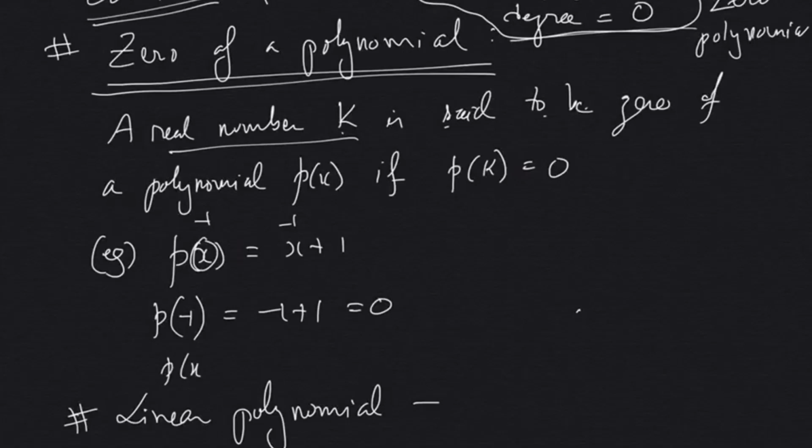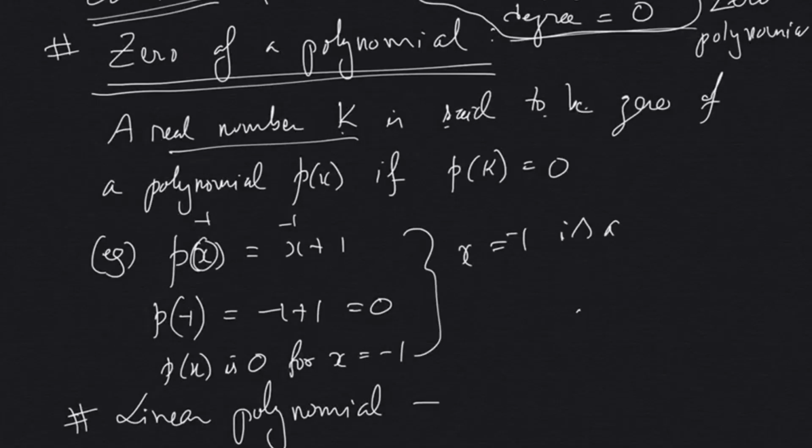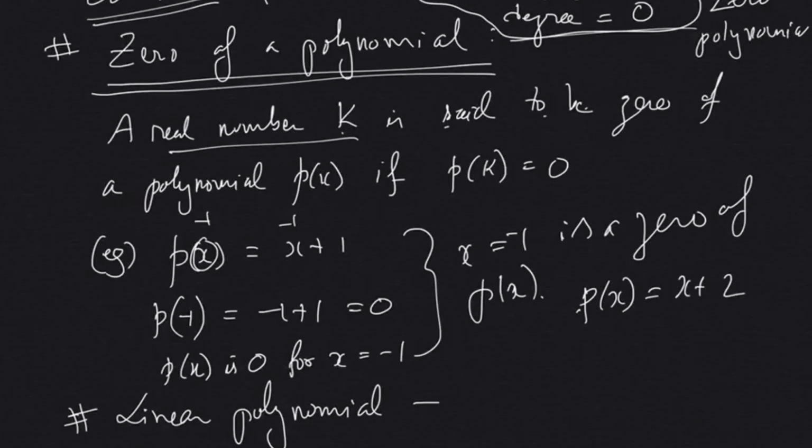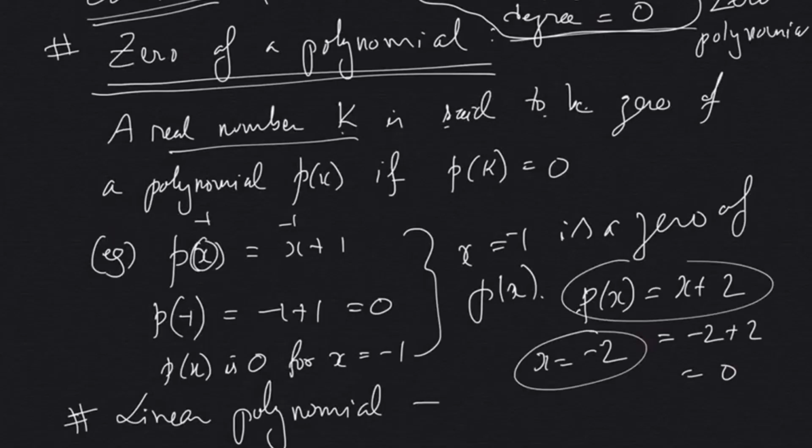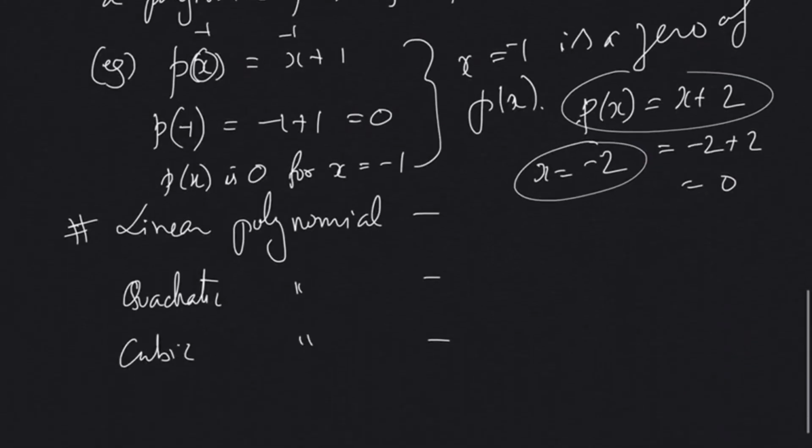That means p of x is 0 for x equal to minus 1, which means that x equal to minus 1 is a 0 of the given polynomial. Similarly, for another example like p of x equal to x plus 2, that's going to be minus 2 plus 2 is equal to 0. So x equal to minus 2 can be a 0 of this given polynomial.